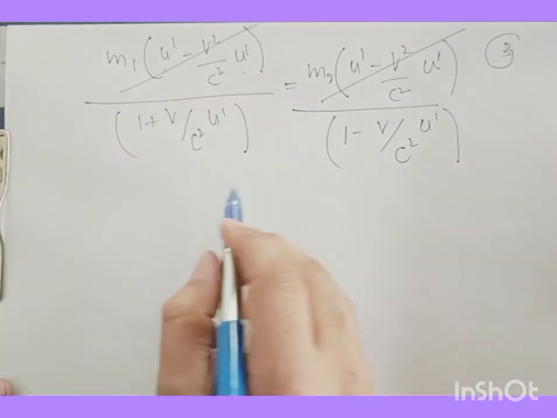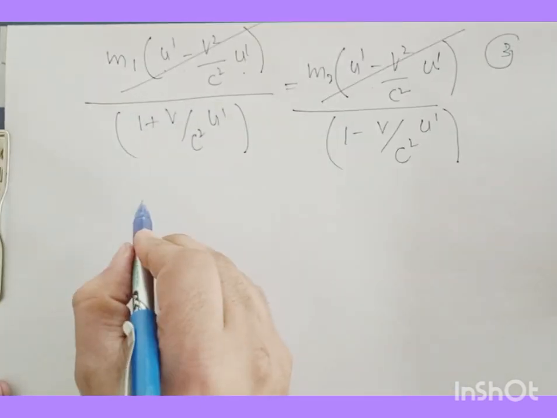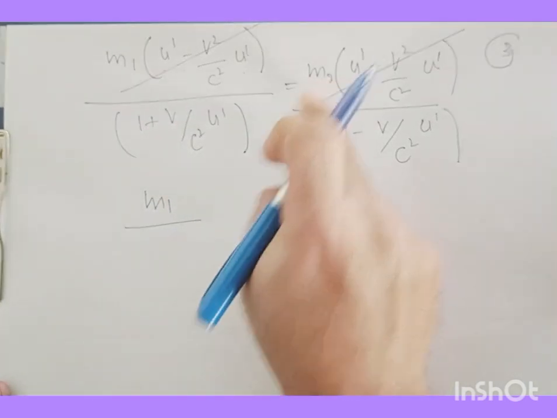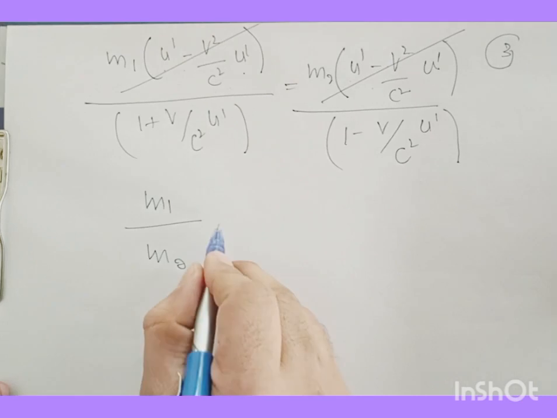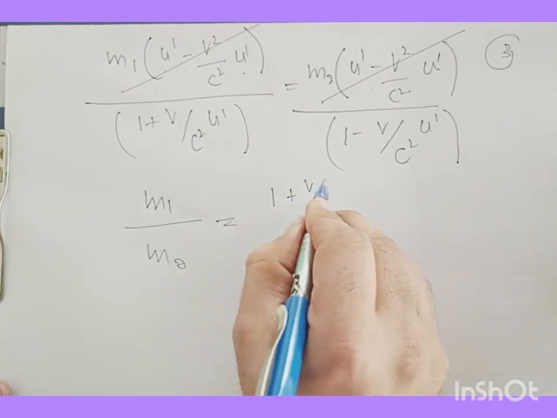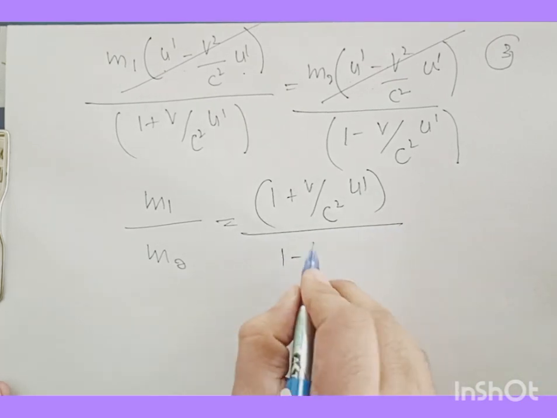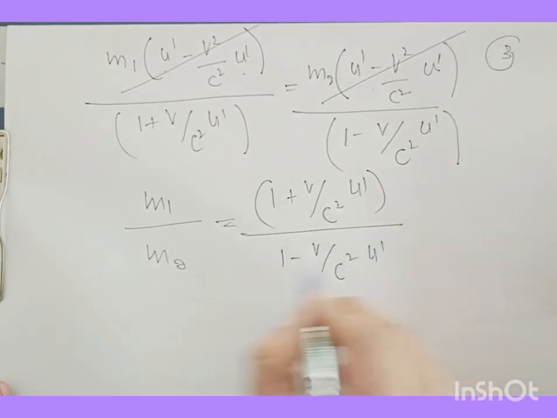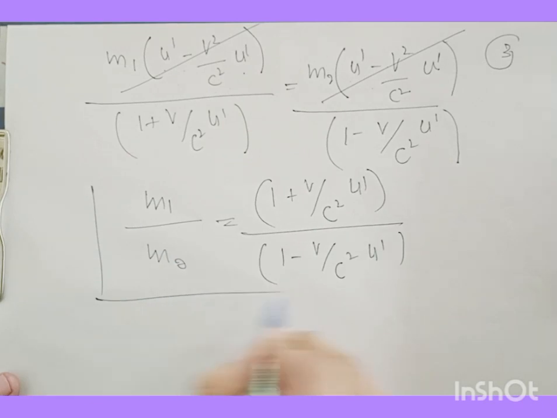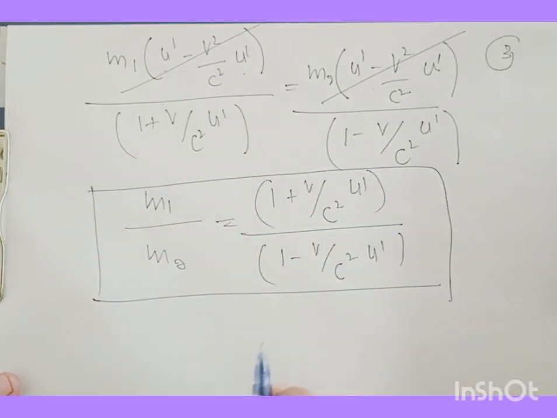So what I'll be left with is this m1, I'll keep it there, and I'll get down this m2. So I have (1 plus v/c² u') divided by (1 minus v/c² u'). So this is the ratio of the two masses in terms of these velocities, right?